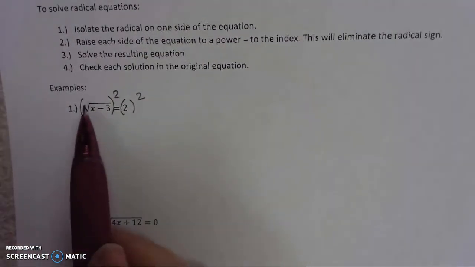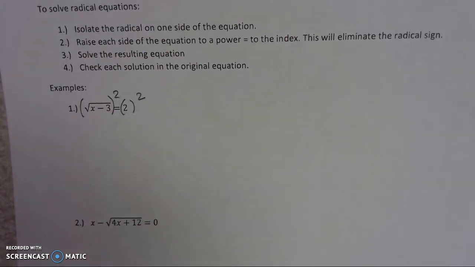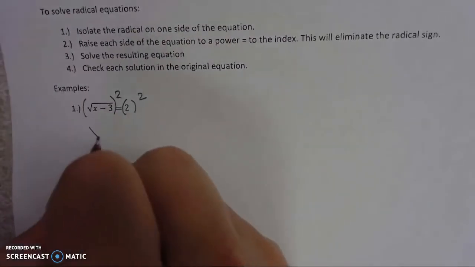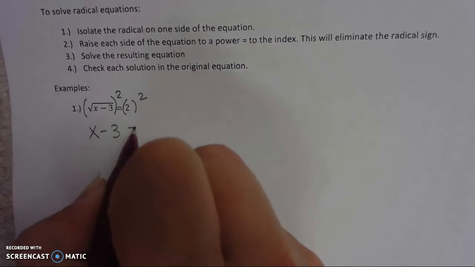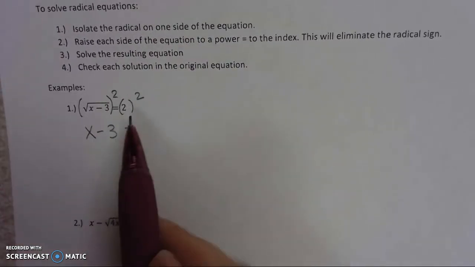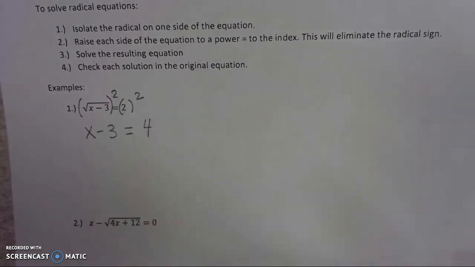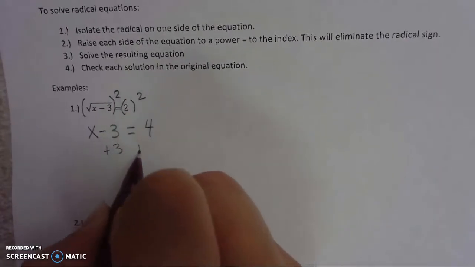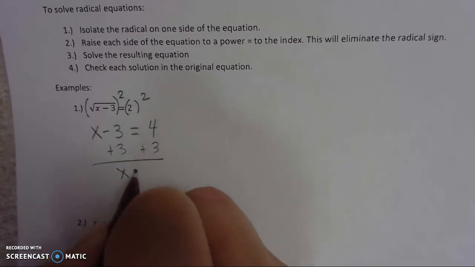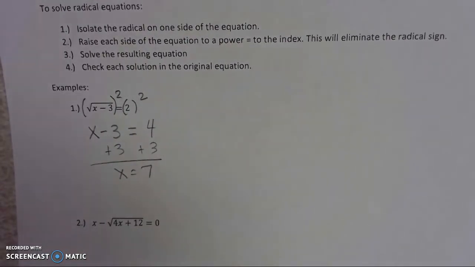When I do that, the radical sign goes away, and I'm left with x minus 3. And then on the right side, I have 2 squared is 4. This results in a basic linear equation. I add 3 to both sides to find that x equals 7.